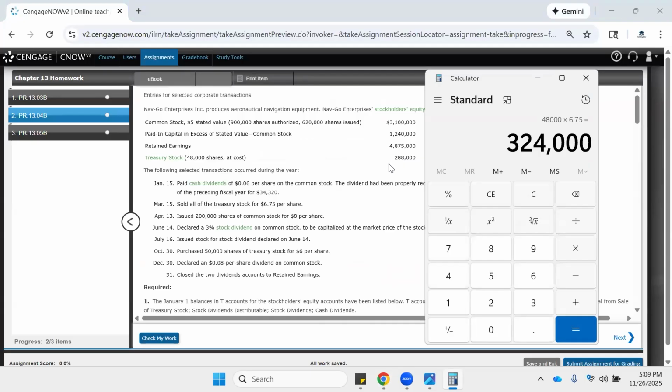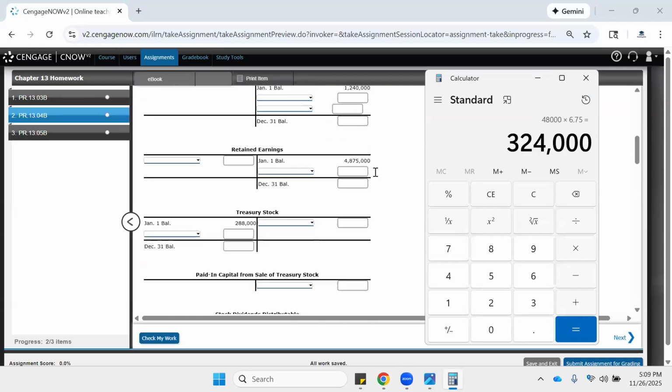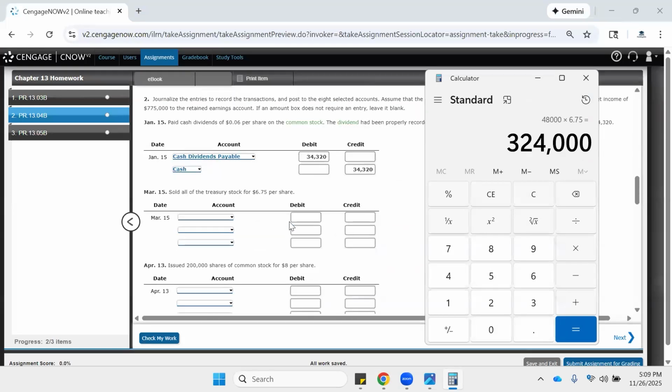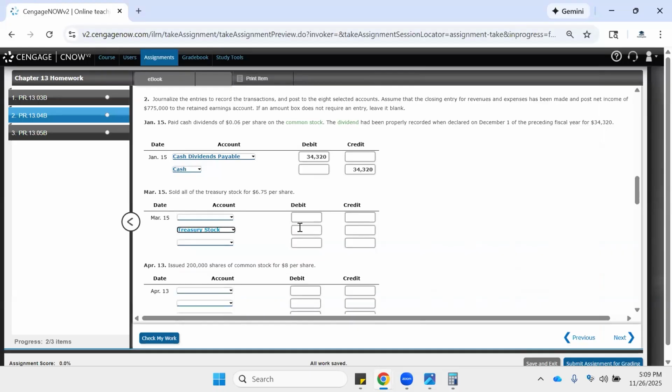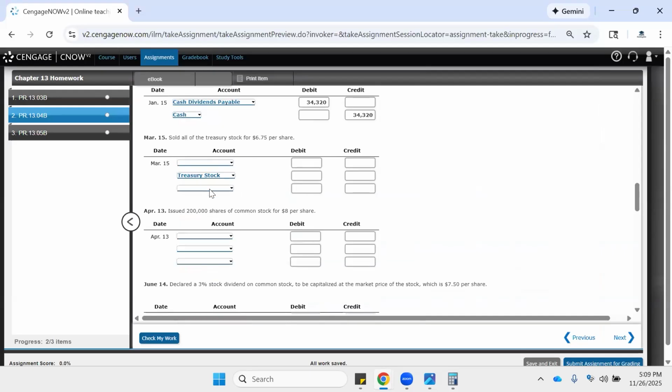Treasury stock is a contra equity account, and the beginning balance is $288,000 in our treasury stock T account. And so we have to credit treasury stock to reduce it. And note that treasury stock is not in this bottom part of the dividend entry. It's not in this bottom portion here.